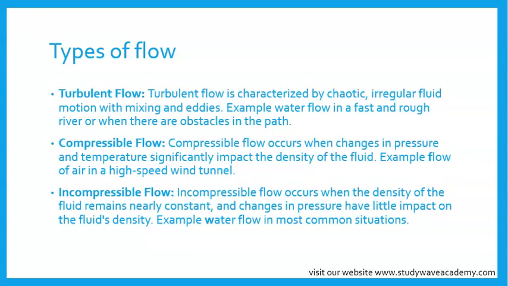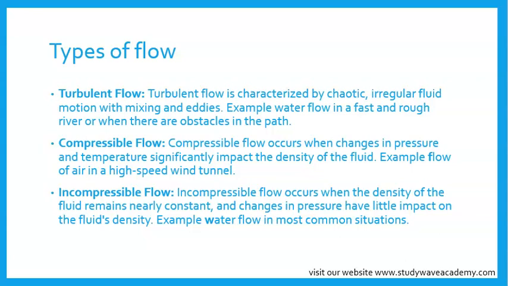We also have turbulent flow. Turbulent flow is characterized by chaotic, irregular fluid motion with mixing and eddies. Example, water flow in a fast and rough river, or when there are obstacles in the path.